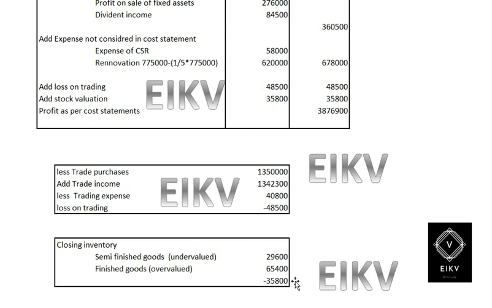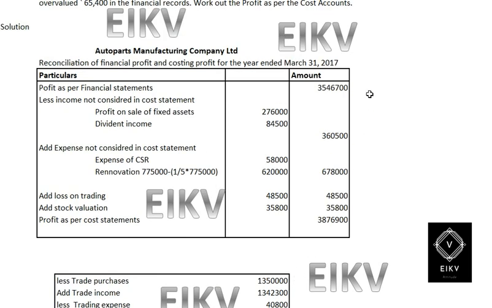The thing is that we have here a negative balance. So the negative balance which is affected in the profit and loss account of the financial statement will reduce the profit of the financial statement. Over here, we are going to arrive at the profit of cost statement. Therefore, we need to add such stock valuation because it is a negative figure.